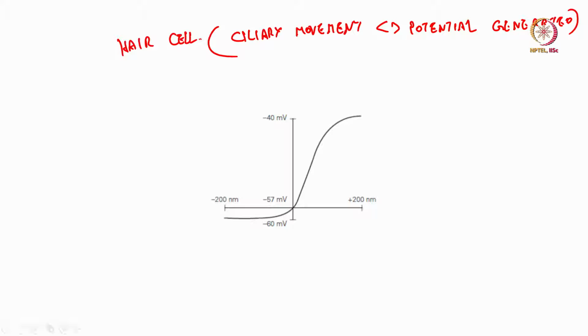Okay, hair cell ciliary movement is between minus 200 nanometers to plus 200 nanometers, and the potential which is generated is minus 60 millivolts to minus 40 millivolts.